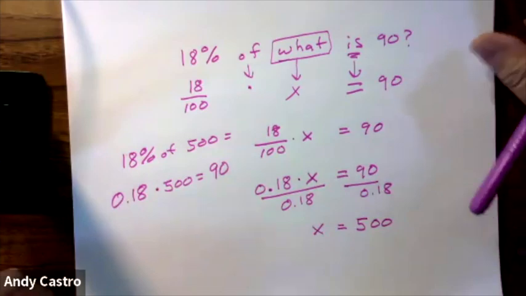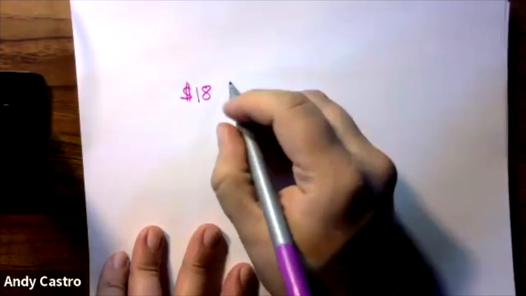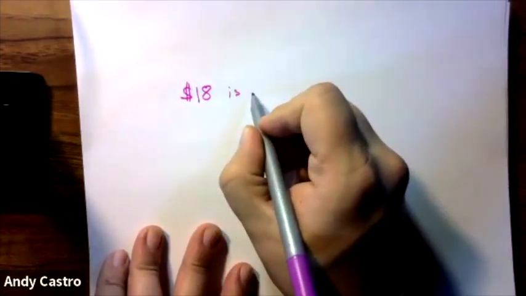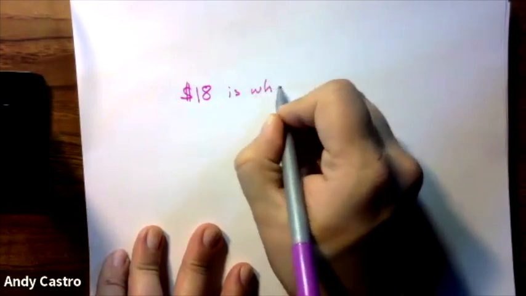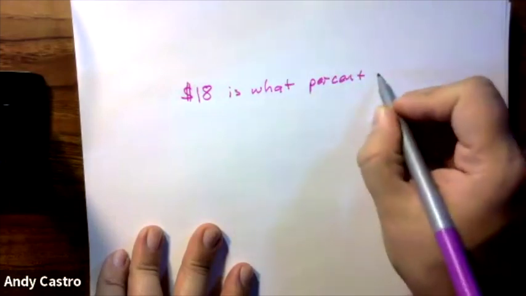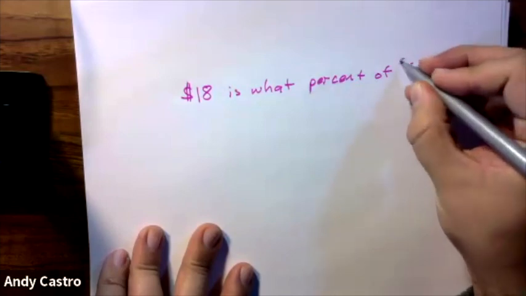All right. So now let's apply this to some ideas just beyond the raw numbers themselves. Okay. So let's say that someone gave you $18. And I'm going to ask the question, $18 is what percent of $637?